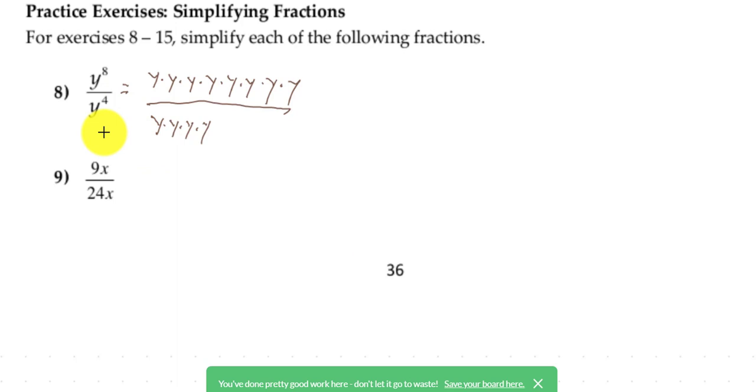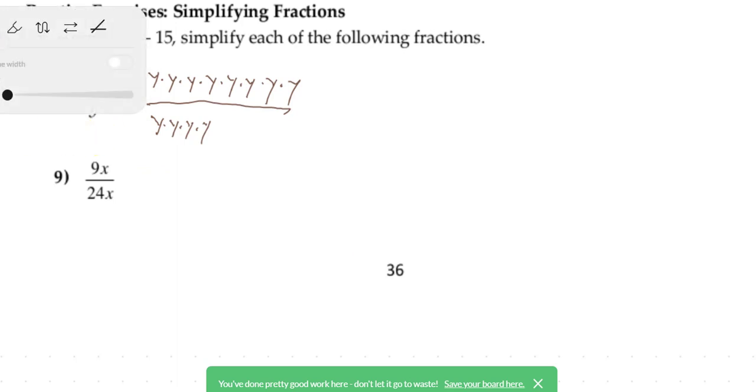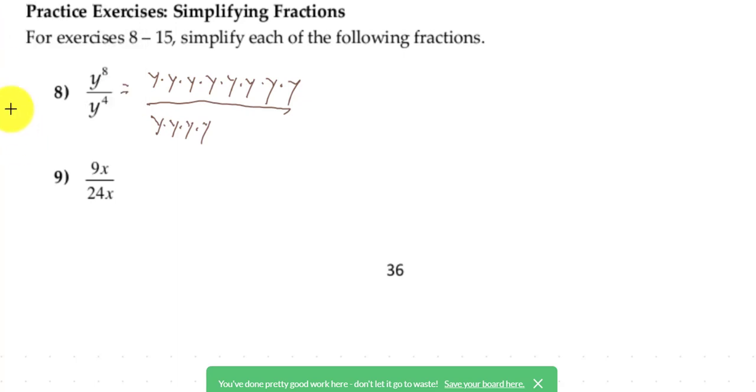And then when we cross out, or when we cancel, let's see what we have left. We cross that out, we cross that out. And what am I left with? I have 4 y's left. So that becomes y to the 4th. And another tip is, what's 8 minus 4? 4, right? So that worked.